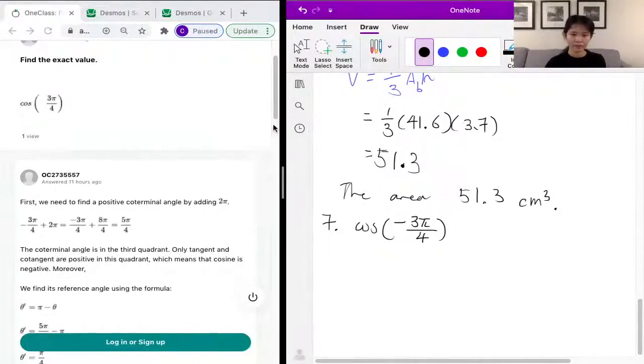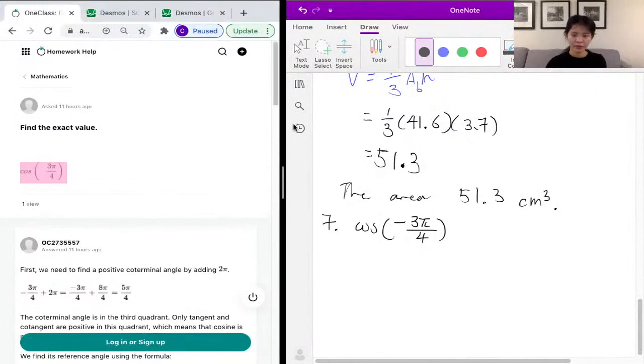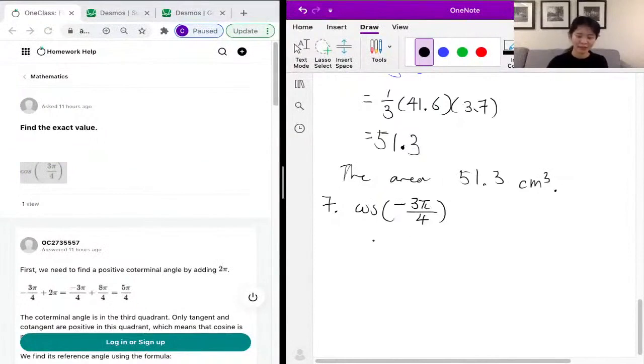Cool. So first of all, we need to find our reference angle, which in this case, we first need to find the positive coterminal angle. If you're more experienced, you can just see the reference angle is pi over 4.